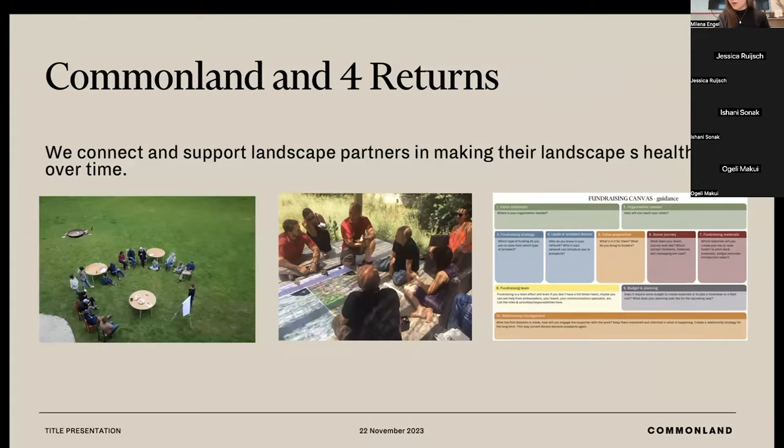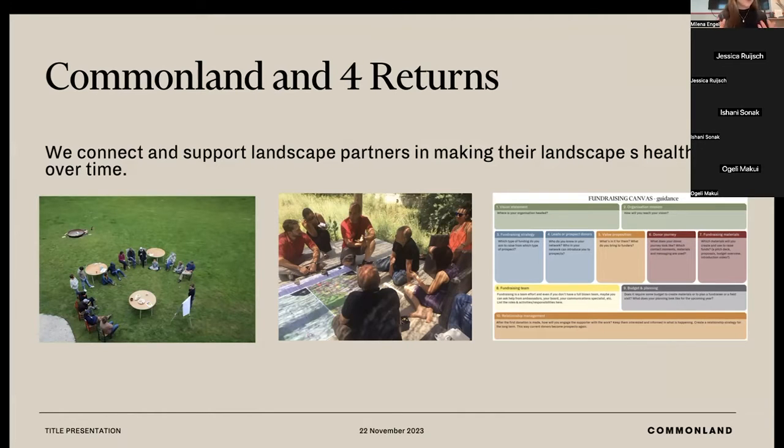We also help the initiatives we work with to monitor their landscape more holistically. And we aim to exchange our lessons learned and share the knowledge that we've gained through our restoration work.